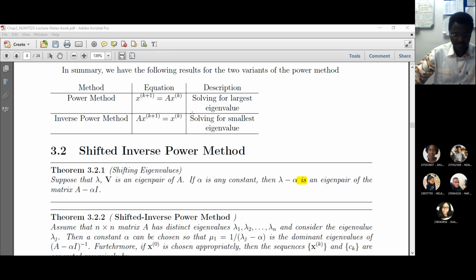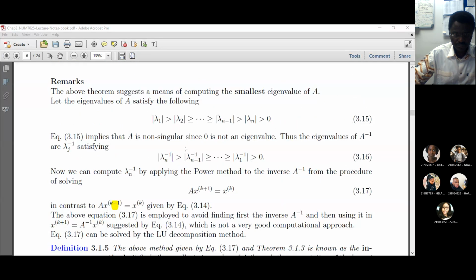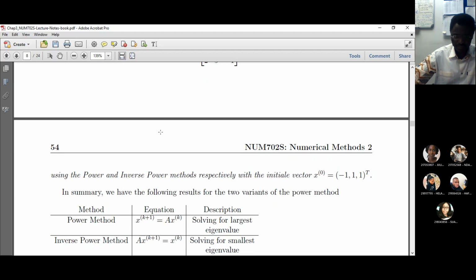It doesn't give it directly from here. You can see that here you have the reciprocal of the smallest. So the result that you obtain, you take its reciprocal to obtain the smallest.